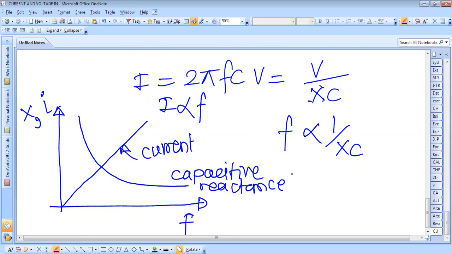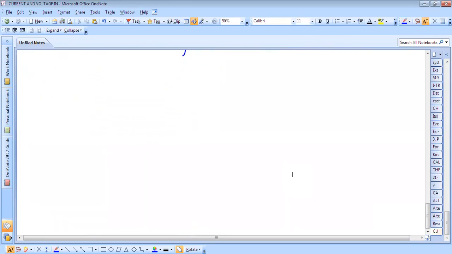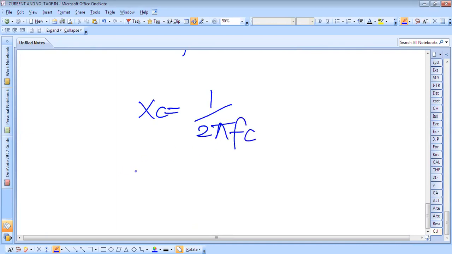Therefore, Xc, the capacitor reactance, is equal to 1 over 2 pi f C. So the capacitor reactance is inversely proportional to the frequency, and the current produced by the given voltage is proportional to the frequency. And the unit is ohm.